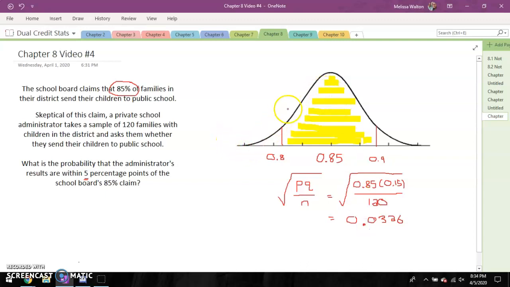Now we have plenty of information to calculate this probability. We're going to assume that this is approximately normal. He sampled 120 families, and that is enough to assume that we are approximately normal here. Having found our standard deviation, let's use our normal model.